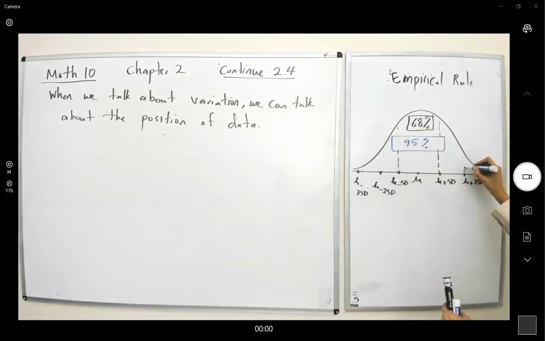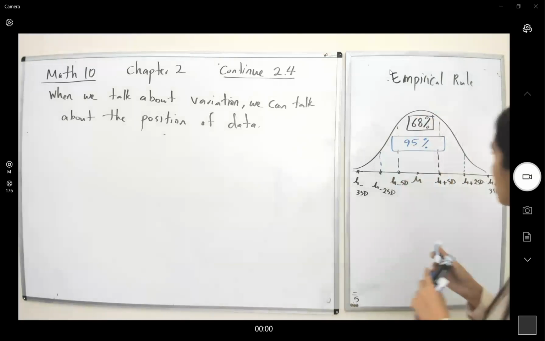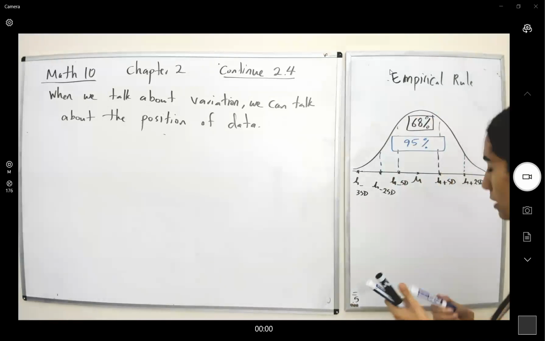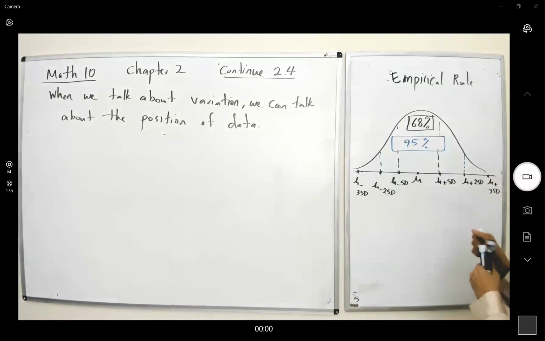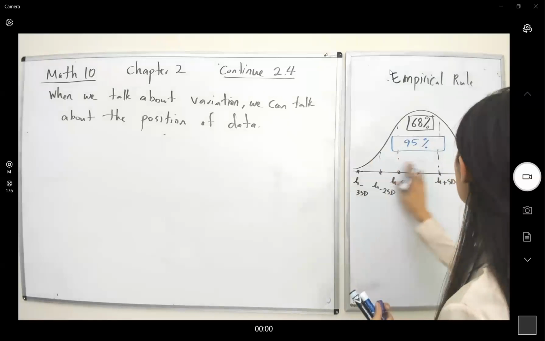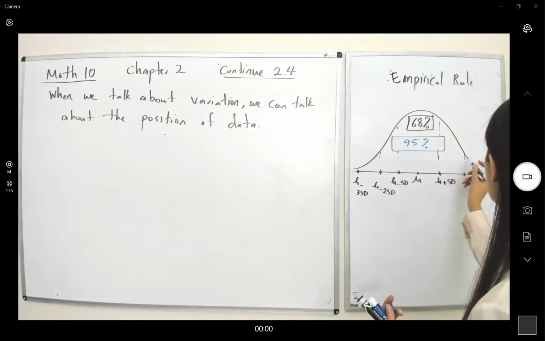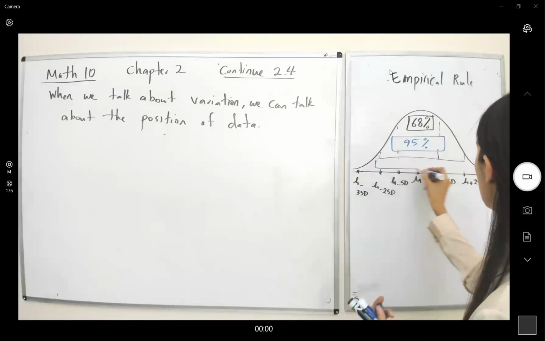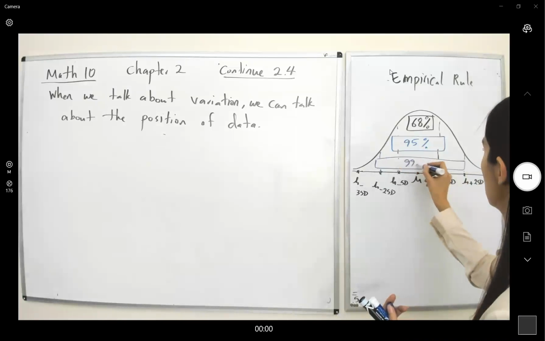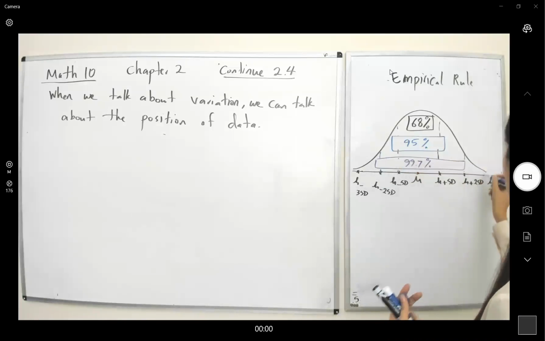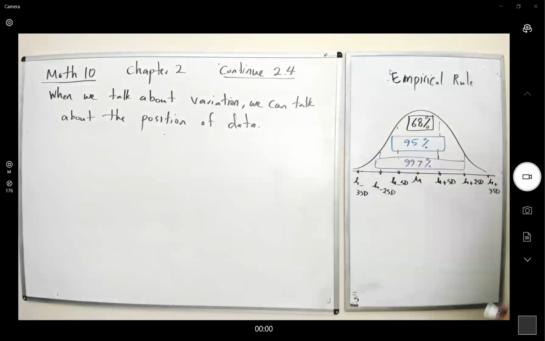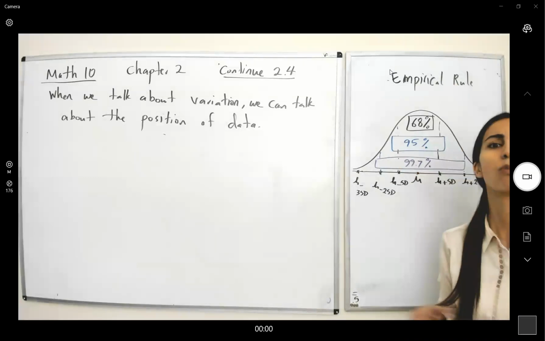Two standard deviations. And 99.7% in between three standard deviations. So I expect you to ask, how about I just divide this into smaller portions?